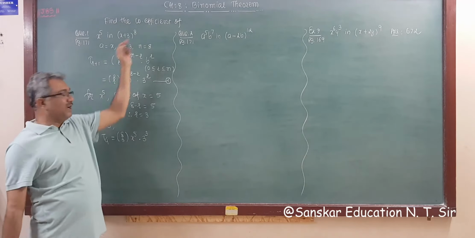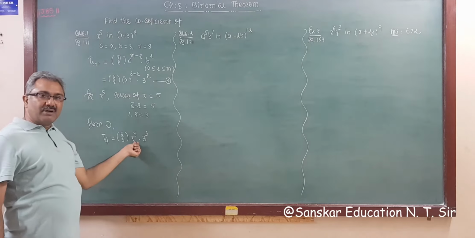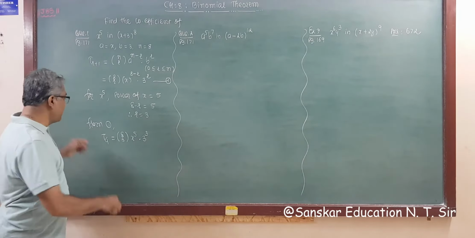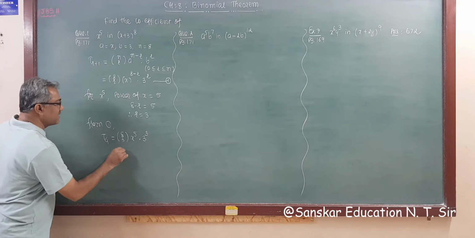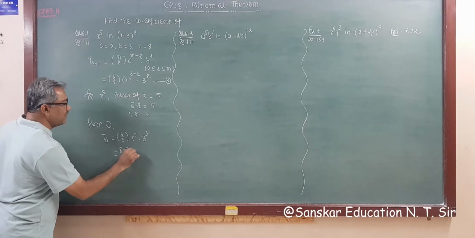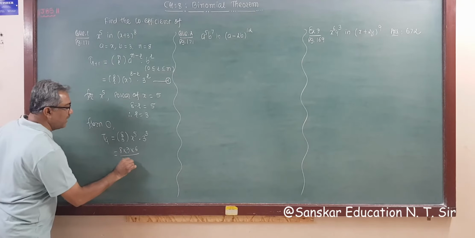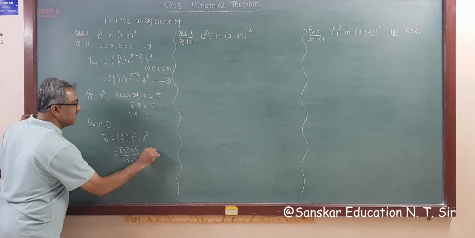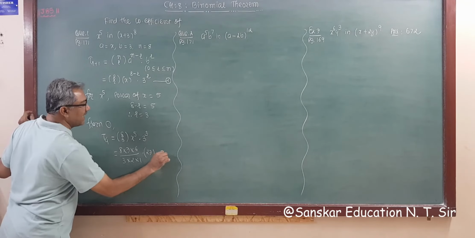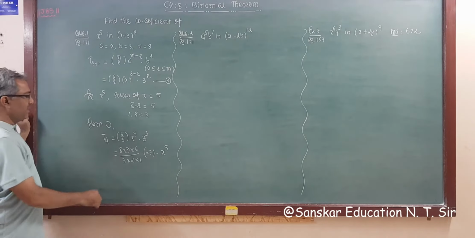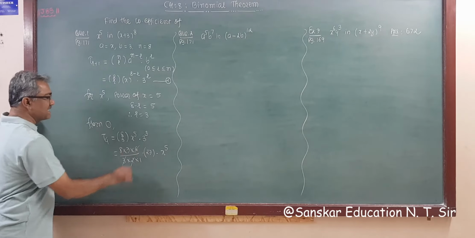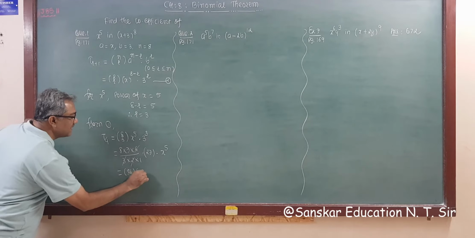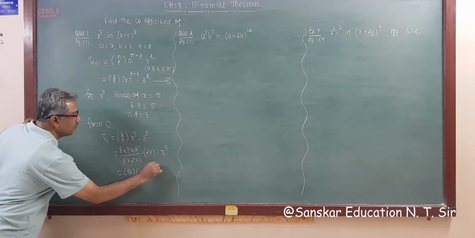We have to find the coefficient of x raised to 5, so all terms other than x raised to 5 are the coefficient. So 8C3 means 8 into 7 into 6 upon 3 into 2 into 1. 3 raised to 3 is 27, into x raised to 5. Right? So 3 into 2 cancels 6. So what we get? 56 into 27 into x raised to 5.